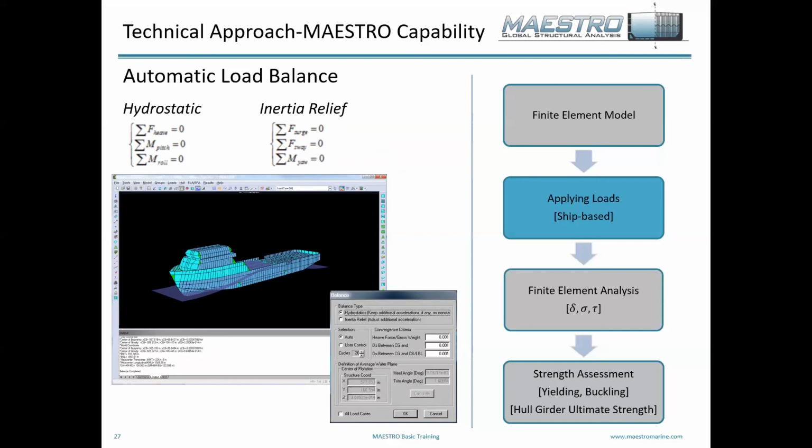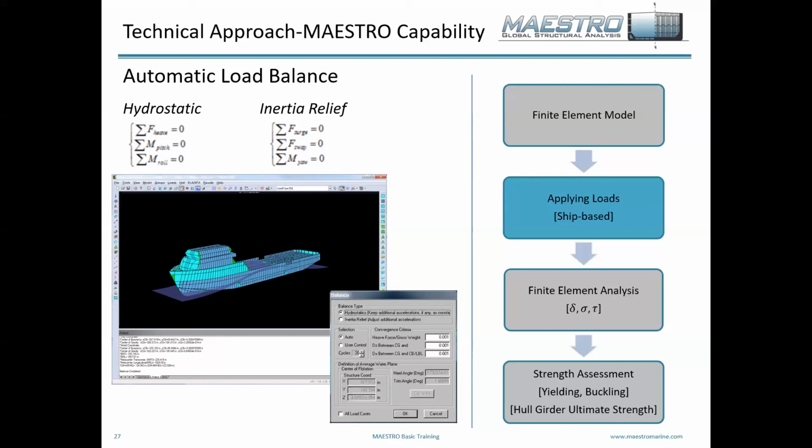Once you do the hydrostatic balance, it's also a good idea to run a quick inertial relief just for any final tweaks, and to make sure that the model is fully in equilibrium. Mainly because for the hydrostatics, you can only balance in the vertical directions where those forces apply.